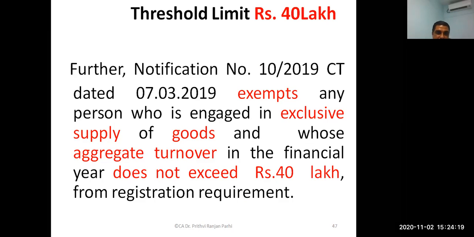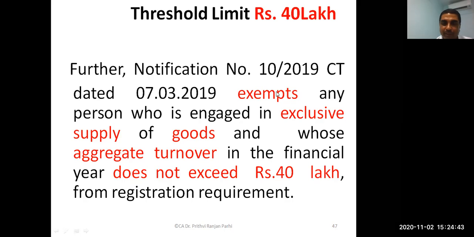Here, one more thing you have to learn. There is notification number 10 of 2019, dated 7/3/2019. This notification exempts persons who are engaged exclusively in the supply of goods. That means supply of services is not covered here.